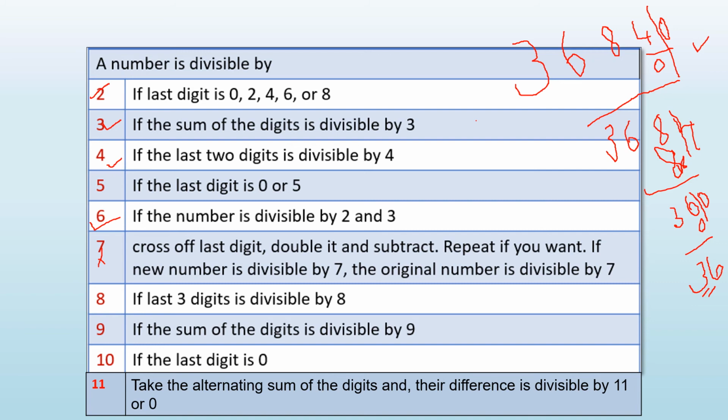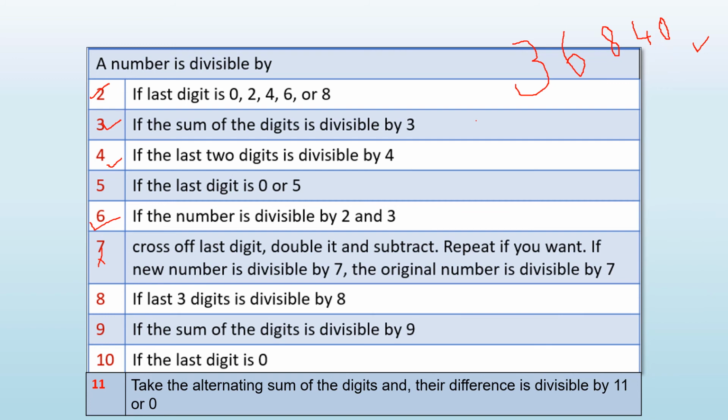Next we will move on to the divisibility rule of 8. The divisibility rule of 8 is, you just check the last 3 digits. If the last 3 digits are 0, or if the last 3 digits are divisible by 8, then that number is divisible by 8.